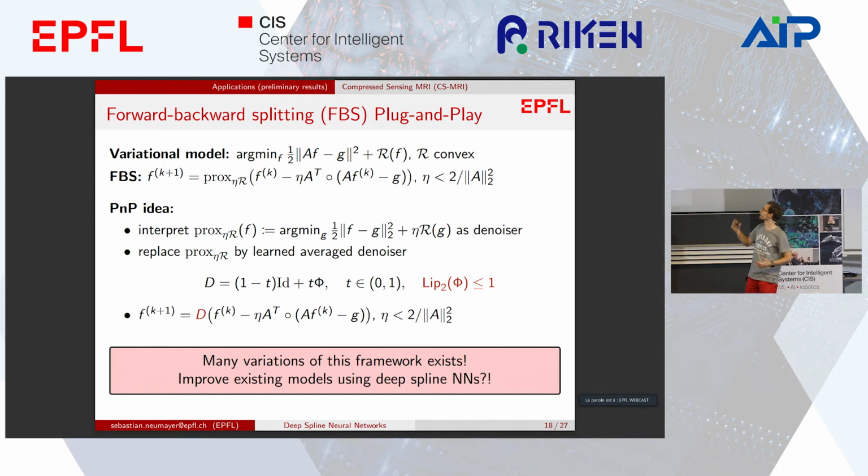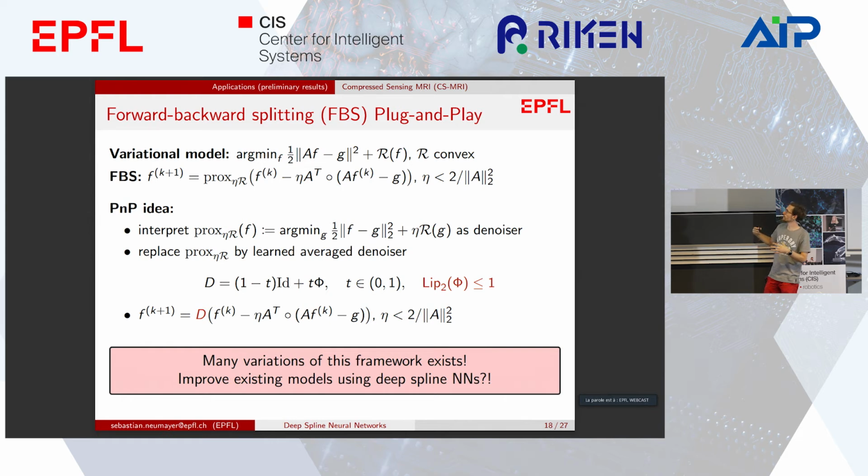You take a data term, the squared distance between Af and g, and you add a convex regularizer, which incorporates some prior information, for example total variation. For such convex models, you can apply forward-backward splitting to minimize the variational problem. The update is given by applying the proximal operator of your convex regularizer to the gradient step update.